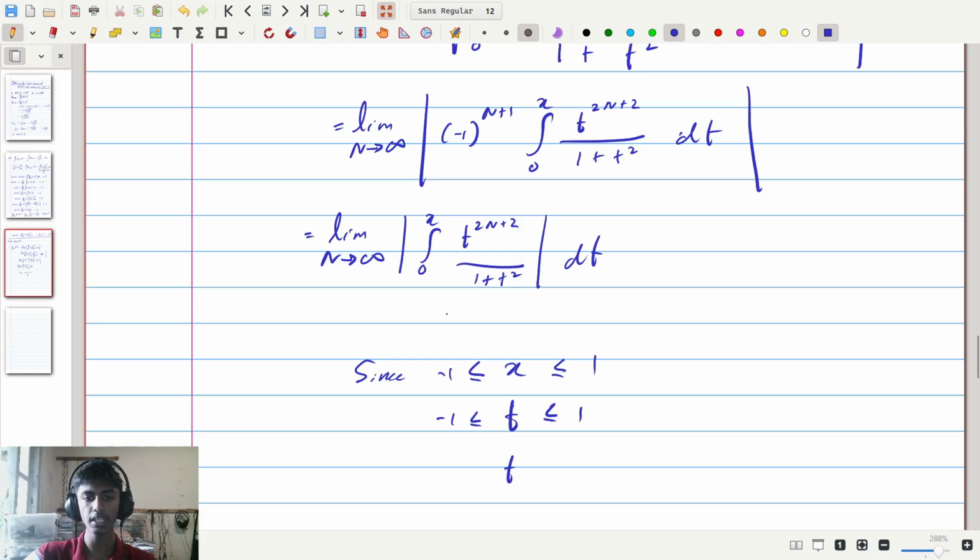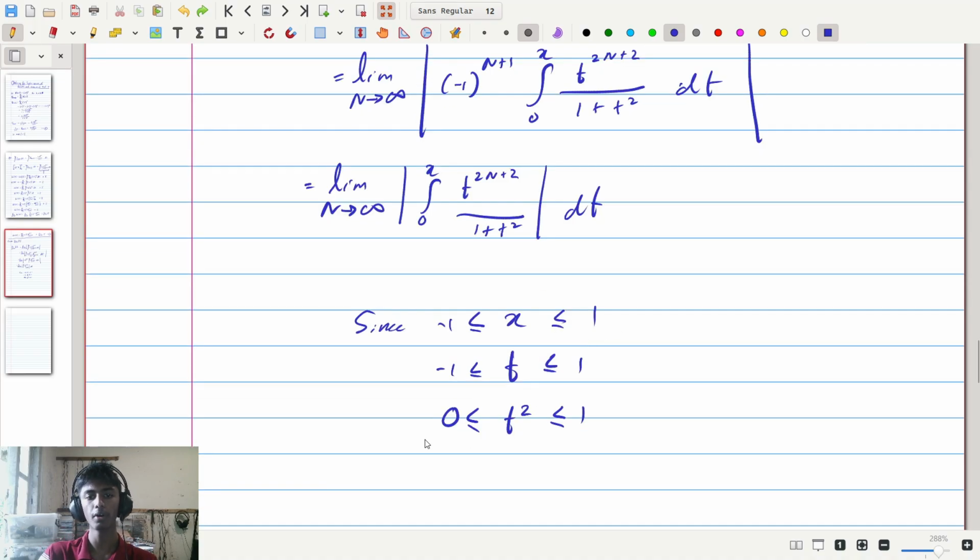Therefore, t squared is going to be less than or equal to 1, and it's also going to be greater than or equal to 0, because when we square this number, which is between negative 1 and 1, the result is going to be between 0 and 1. Therefore, t squared is between 0 and 1. Therefore, 1 plus t squared is going to be between 1 and 2.